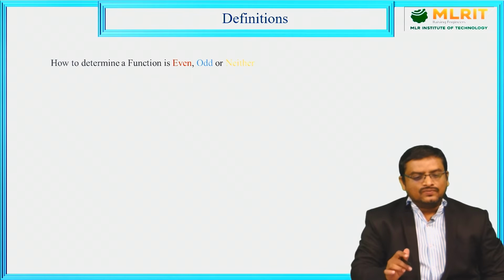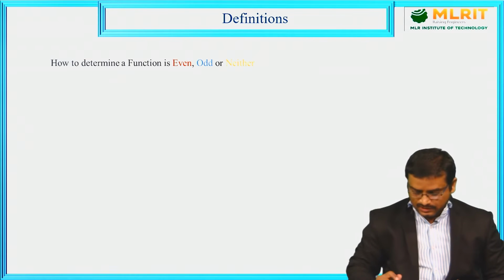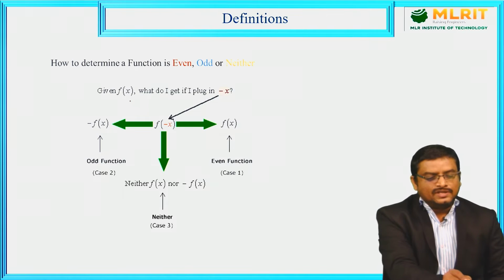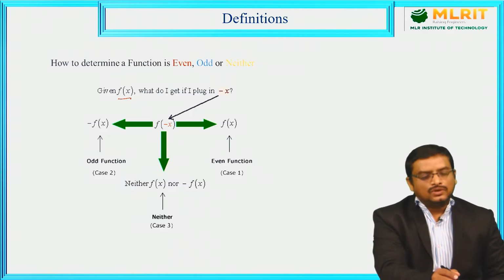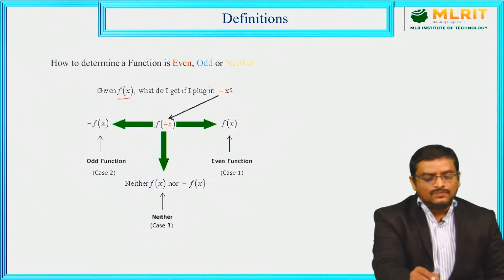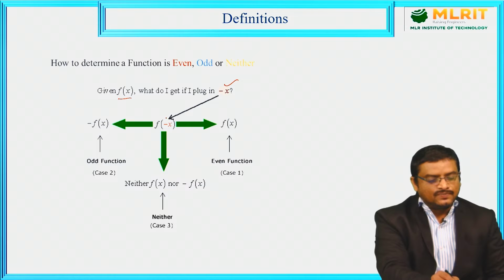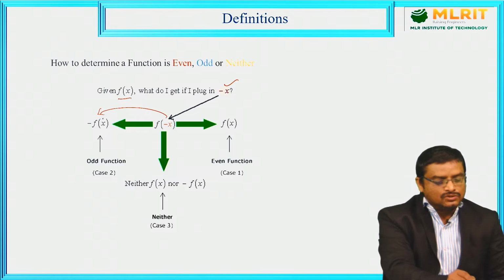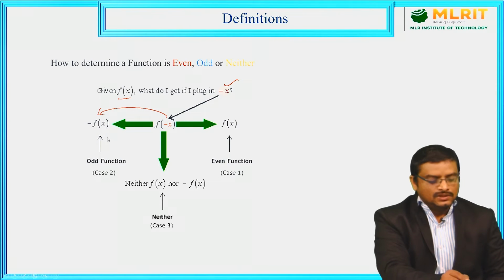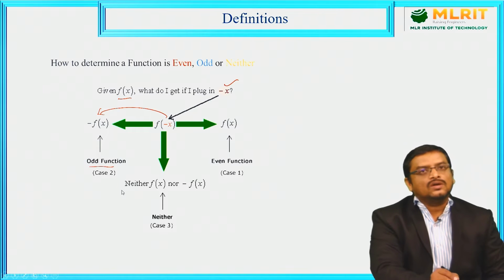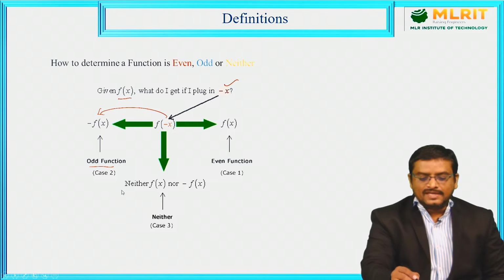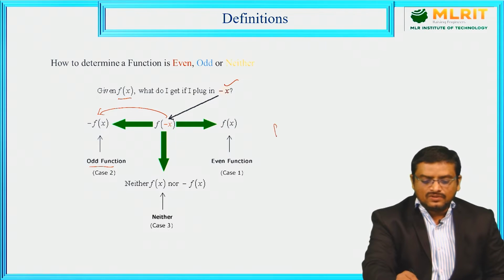Now let us go for the definition of an odd function. Let us take the function f of x. Replace x with minus x in the function f of x. If we get f of minus x equal to minus f of x, then we call this function an odd function. For example, let us take f of x is equal to x.